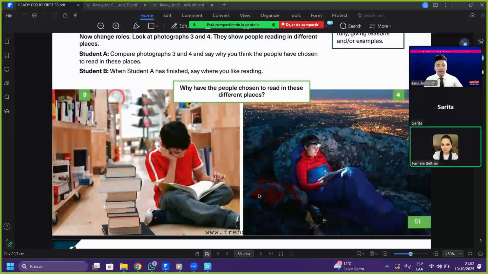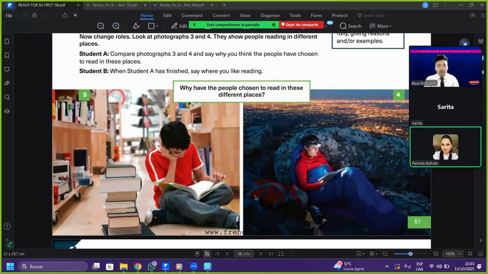So once you finish, the examiner is going to ask you a question that is related to the topic. For example, in this case, the question is, where would you like to read? The first one or the second one? I mean, the places. Let me think about it.